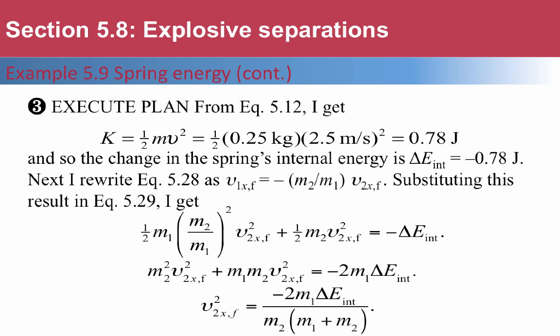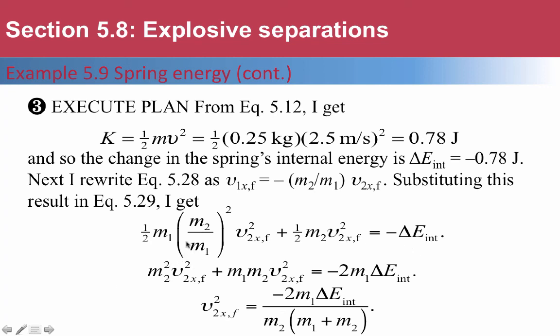Next, using conservation of momentum, we can rewrite V1 final as minus M2 over M1 times V2 final. Plug in V1 final, substitute in here for V1 final. So we have M2 over M1 squared, V2 final squared, plus 1/2 M2 V2 final squared. So this is our M1 term and our M2 term.